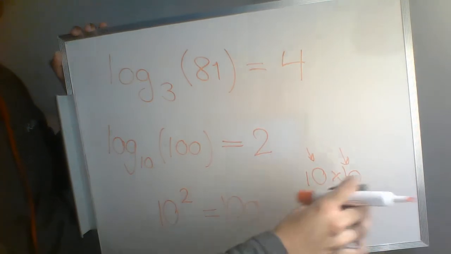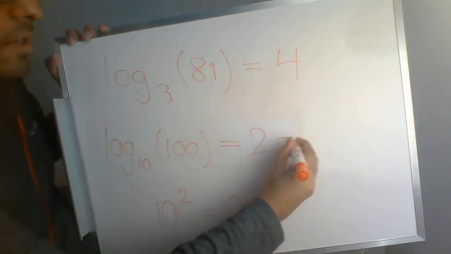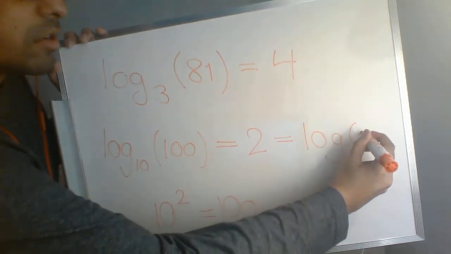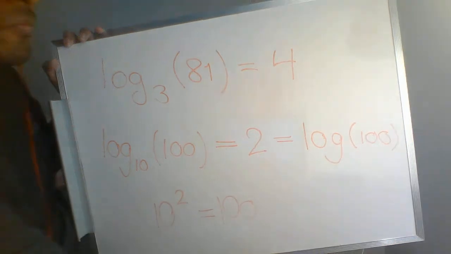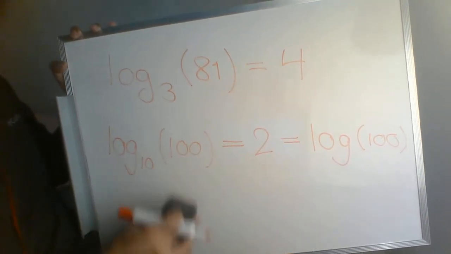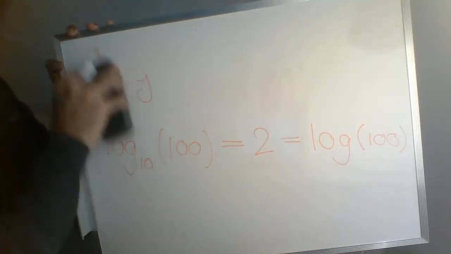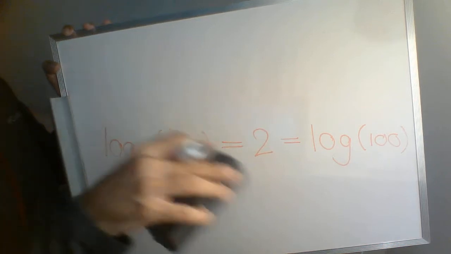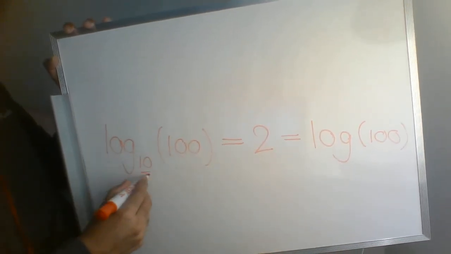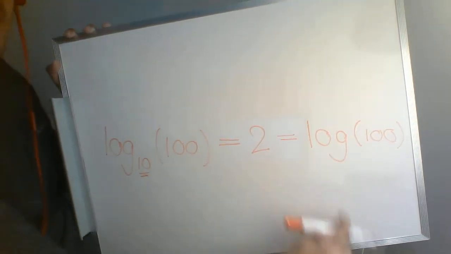Now the thing that I wanted to get at is that you could also write this as log 100. You might notice that there's something missing from that, and that's the thing that I wanted to highlight, which is that if you've got a logarithm with a base of 10, that is, it's going to be 10 raised to some exponent to give you your target answer, you don't need to write in the 10.